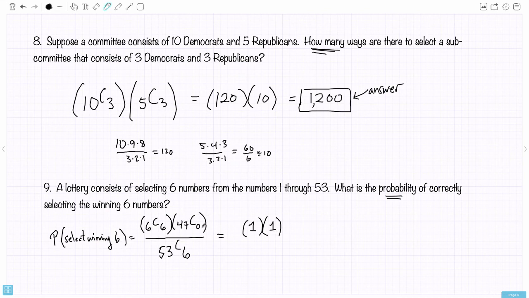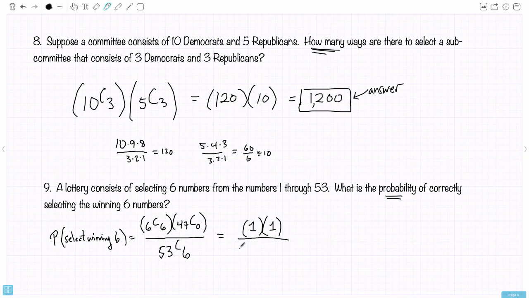You could also type it in the calculator. You could use the formula. Using this definition that we had previously established, 0 factorial is 1, you're going to end up with 1 if you use the calculator, if you use a formula, or if you just think about it. Anytime you do a choose 0, it's always going to be a 1. If you type in 53 choose 6, now I definitely don't want to do that by hand. That's a big calculation.